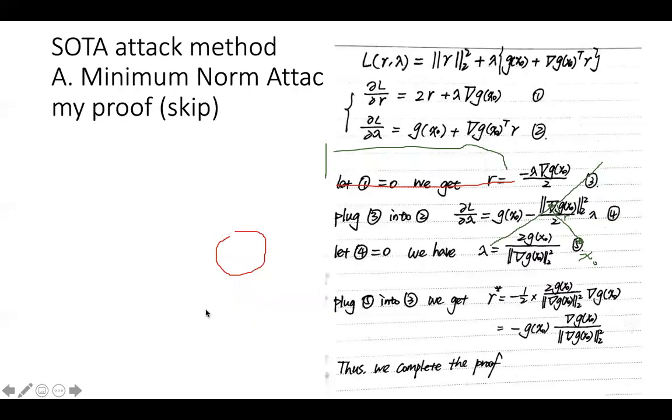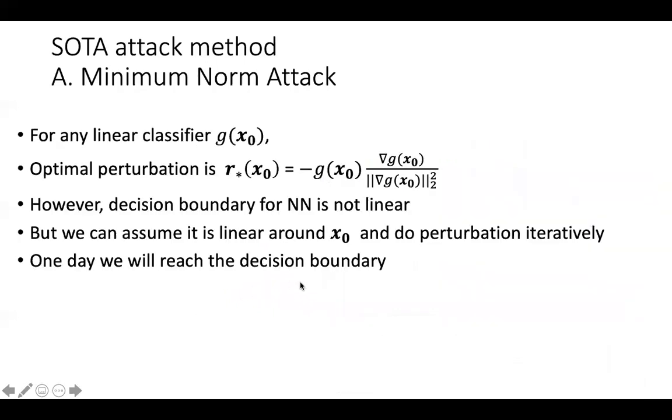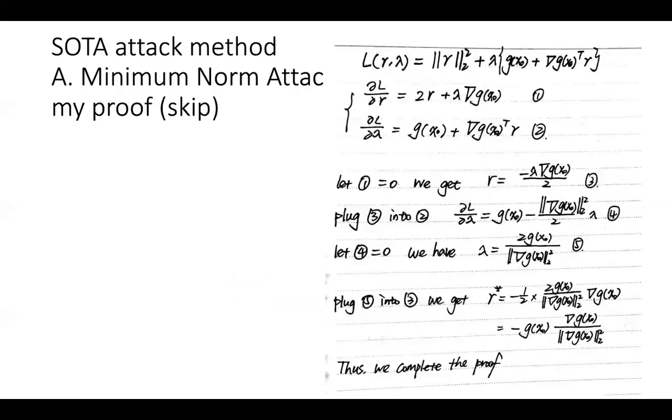This is my proof here, but I just skipped it. So back to the proof. What does the proof mean? I'm just solving this Lagrange multiplier method, setting the partial derivative equal to 0.